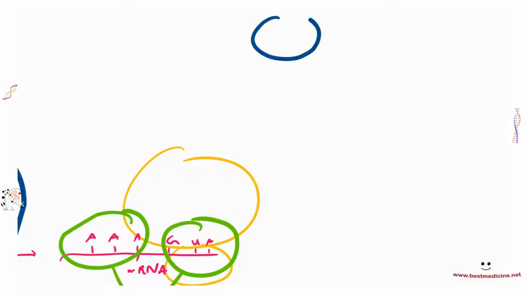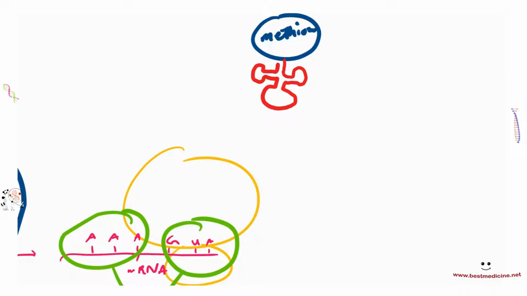Here's how it works. Let's say here's an amino acid called methionine, so I'm just going to write it here. Underneath methionine you will have something called a transfer RNA, an RNA that helps transfer the amino acid to the ribosome.